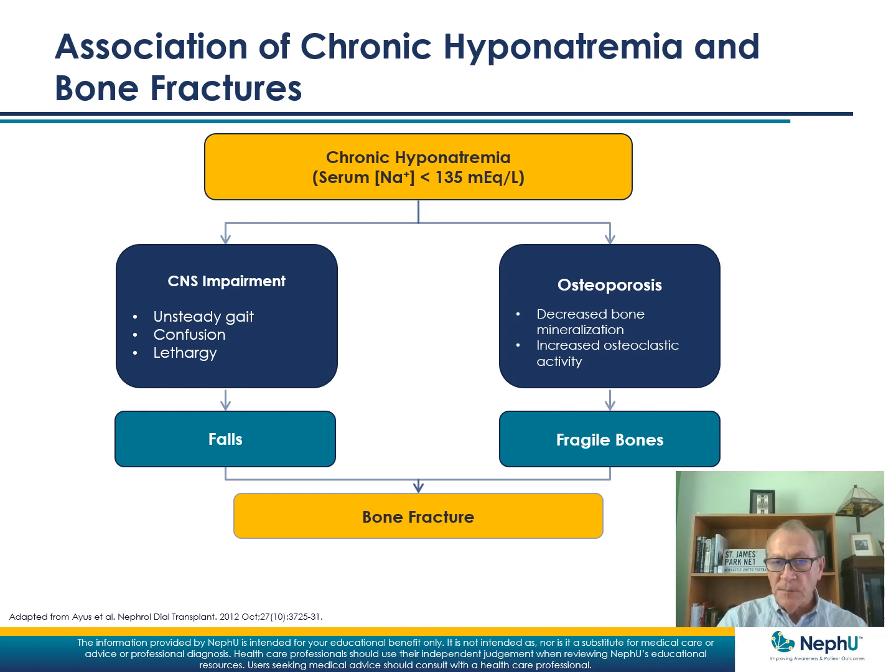So in this particular mechanism, you actually see an increase in osteoclast activity, which leads to increased resorption of bone, decreased bone mineralization, and this leads to decreased tensile strength of the bones and hence fragile bones. Now, taken together, an increased risk of falls allied with fragile bones increases the risk for bone fractures.